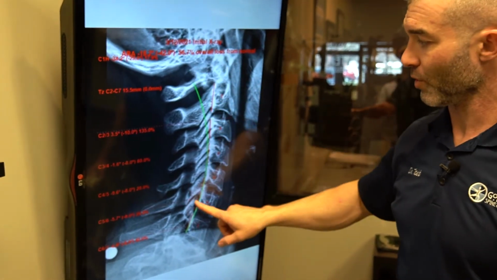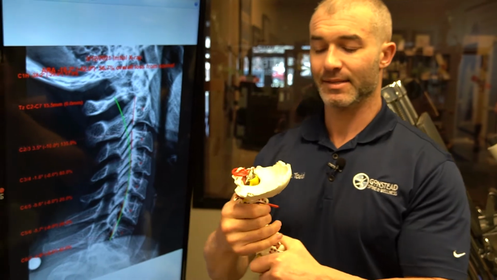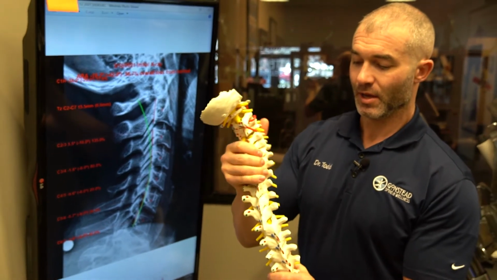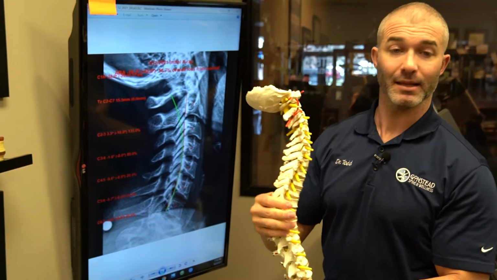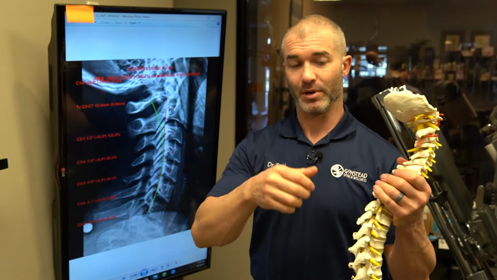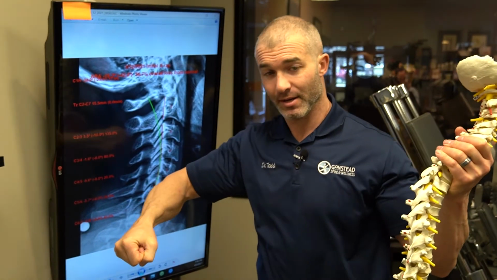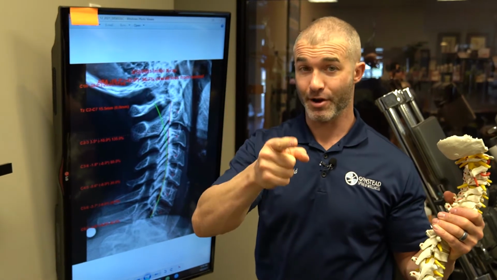Now, the spinal cord is supposed to exist with a certain amount of laxity, a certain amount of tension throughout the entire cord. The spinal cord is kind of like a bungee cord, I guess you could say, in the sense that if you take a bungee cord and you stretch it, does it get thicker or thinner? It gets thinner, right?